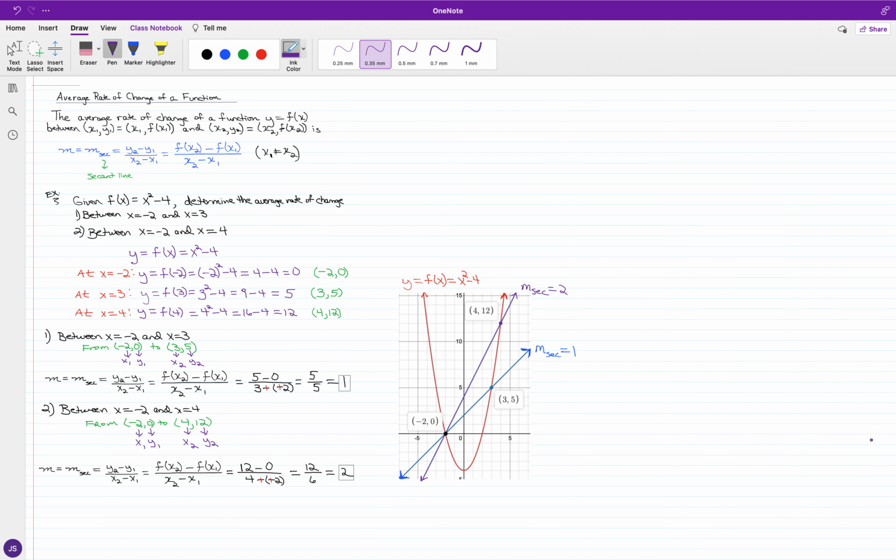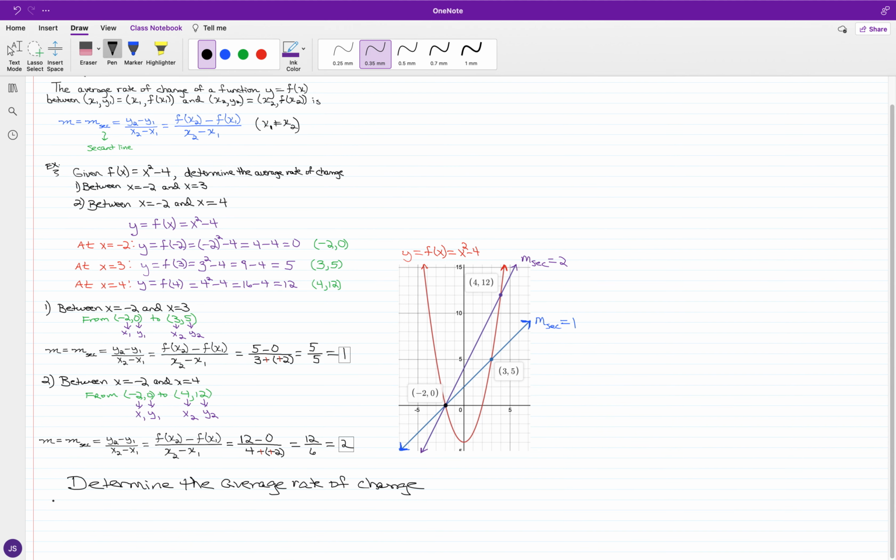Let's say that in the case of determining the average rate of change of a function, we're looking at y equals f of x equals x squared plus 2x.